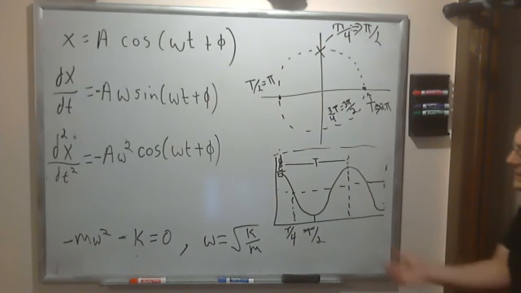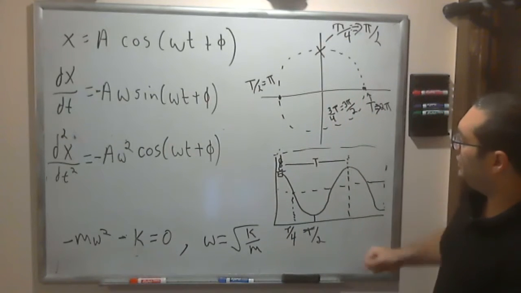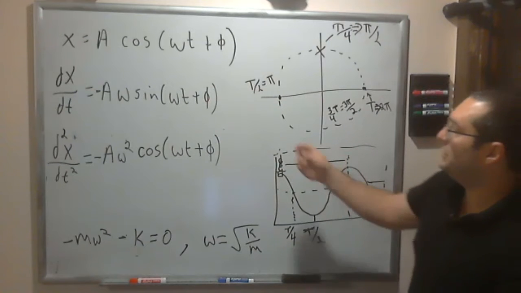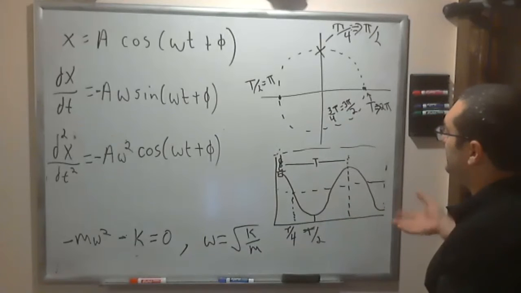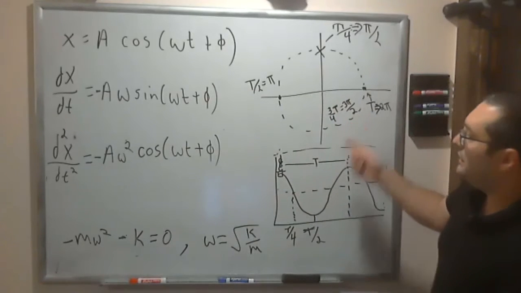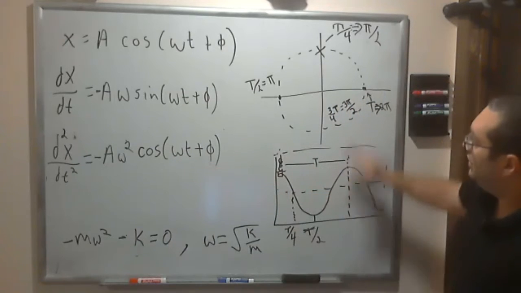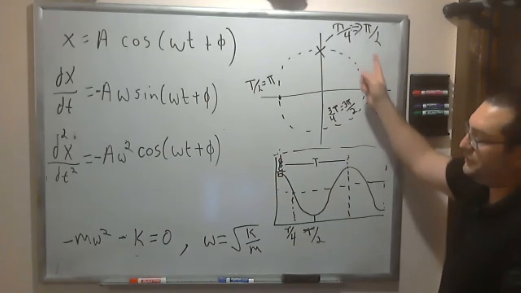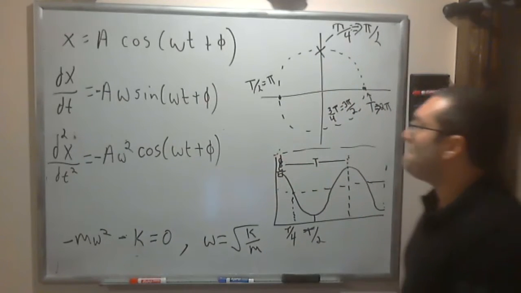So we relate this motion to circular motion, and we can do this because of the sine and cosine. This is how we'll describe it. So this omega really is an angular velocity, as if you're going around in a circle.